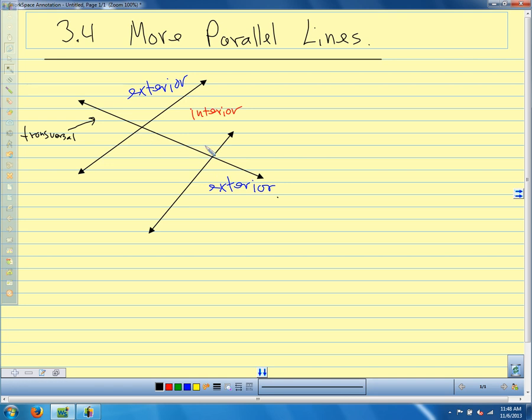So we came up with a bunch of relationships with those angles. And then we talked about what happens if we don't know that the lines are parallel yet, but we know some things are true about the angles. How do we prove that the lines are parallel? So if we know that these special relationships happen with the angles, then that guarantees us that the lines are parallel. That's what we talked about the last time we met.